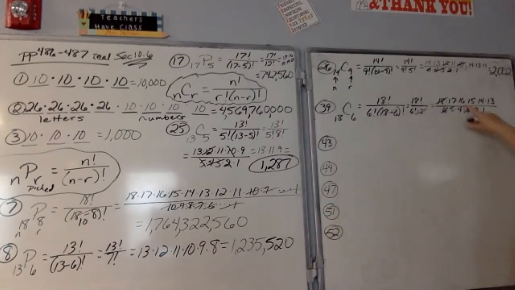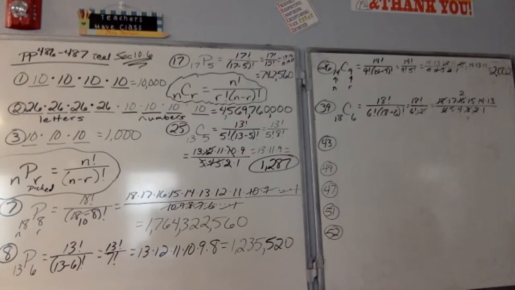But for 16, is there something that goes into 16? 4. What else? What could I also use, the 2 there? What's 4 times 2? 8. 4 times 2 is 8. 8 goes into 16, so that becomes just a 2 left.